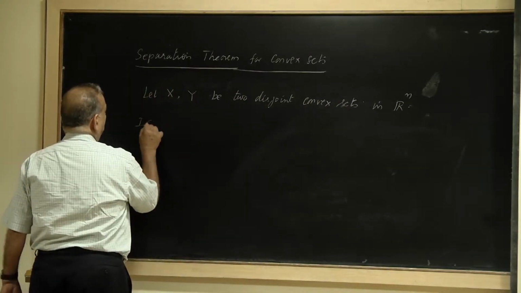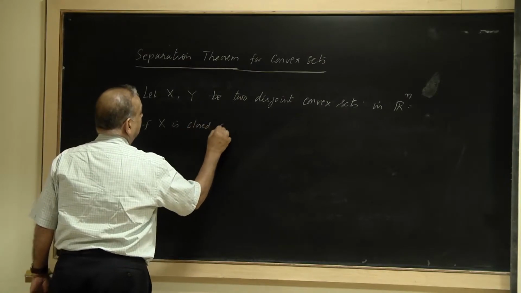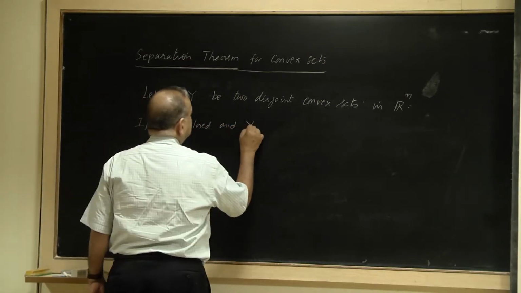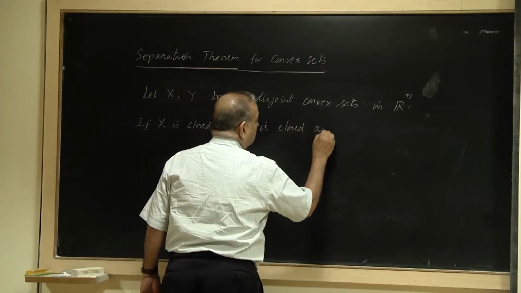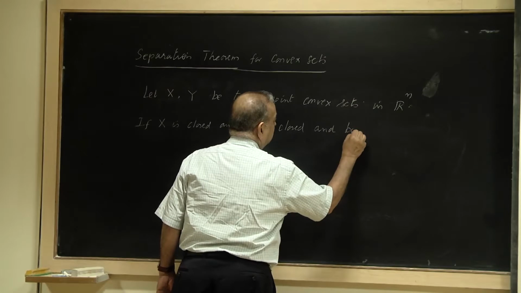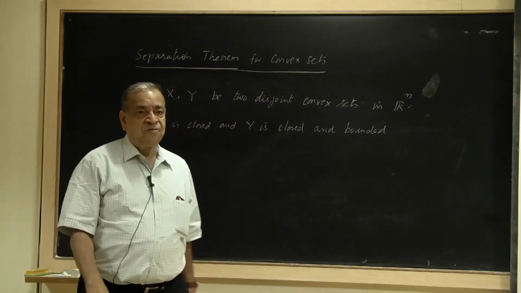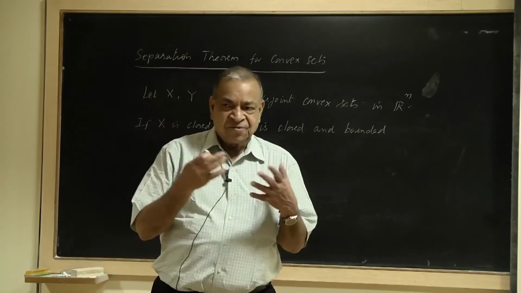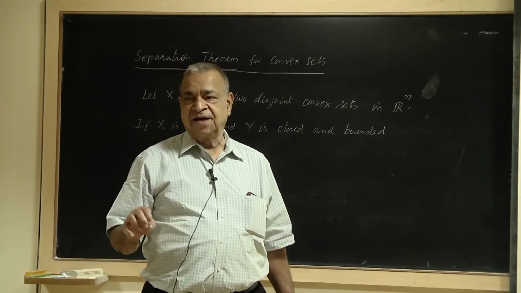If X is closed and Y is closed and bounded, I want to explain the word bounded. What do you mean by bounded? It's our intuition. The intuition says the set is here.